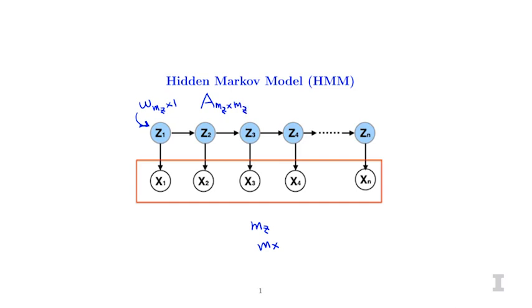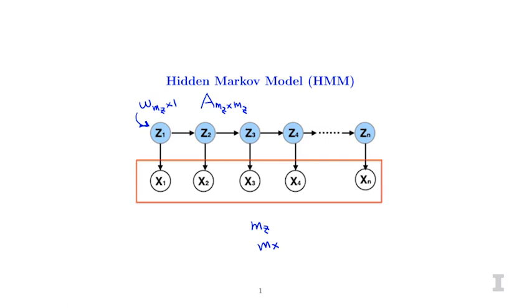For example, if MZ is equal to 2, let's consider the casino case. This one equal to 6. Then this will be a 2 by 2 matrix where the first row, the 2 numbers in the first row, should sum to 1. And it tells us once you are at state 1, how you stay at state 1 and also move to state 2.